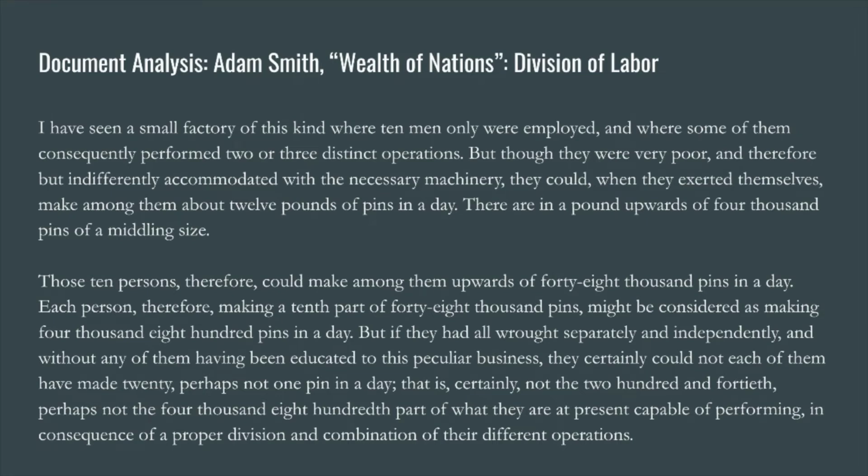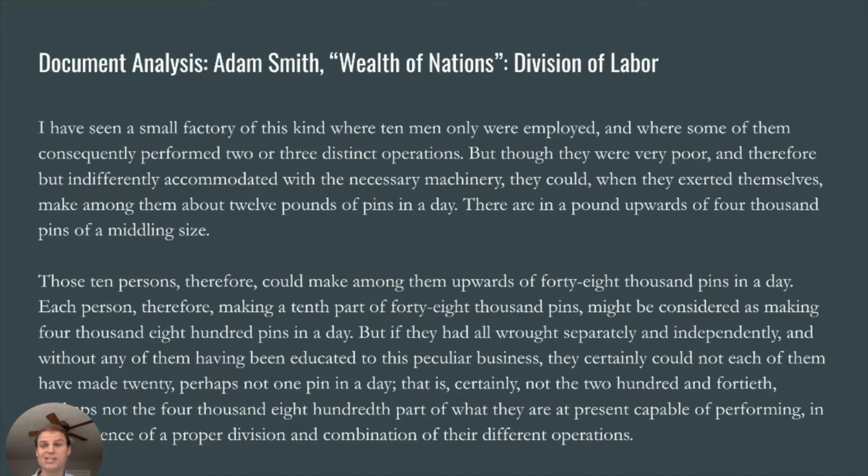But if they had all wrought separately and independently, and without any of them having been educated to this particular business, they certainly could not each of them have made 20, perhaps not 1 pin in a day. That is certainly not the 240th, perhaps not the 4,800th part of what they are at present capable of performing, in consequence of a proper division and combination of their different operations.